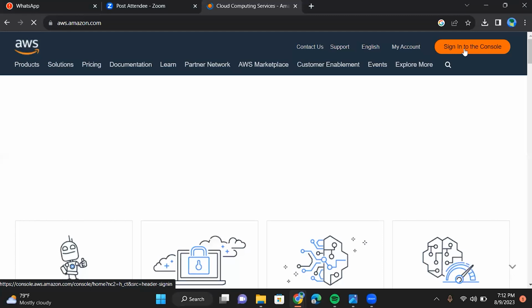It is giving us a lot of resources, and if you want to check out the services and other things, we will explore this website thoroughly. But for now, let's just see how to configure an EC2 instance.